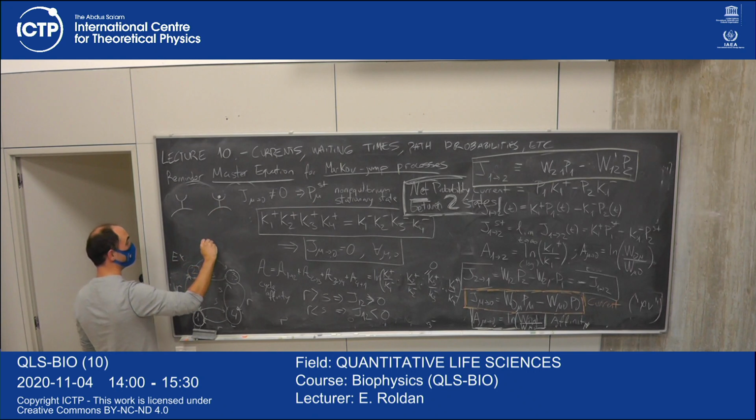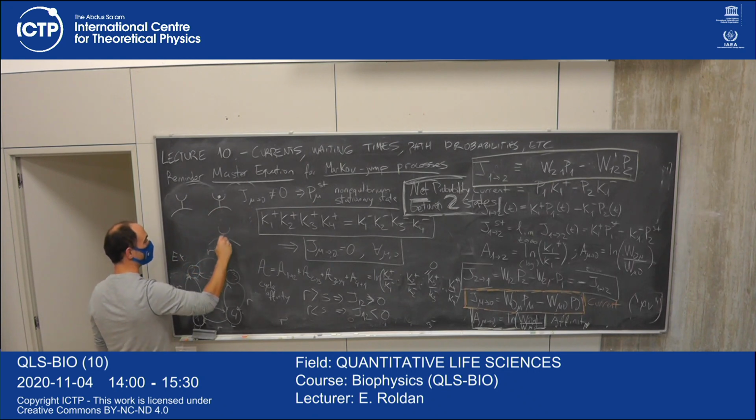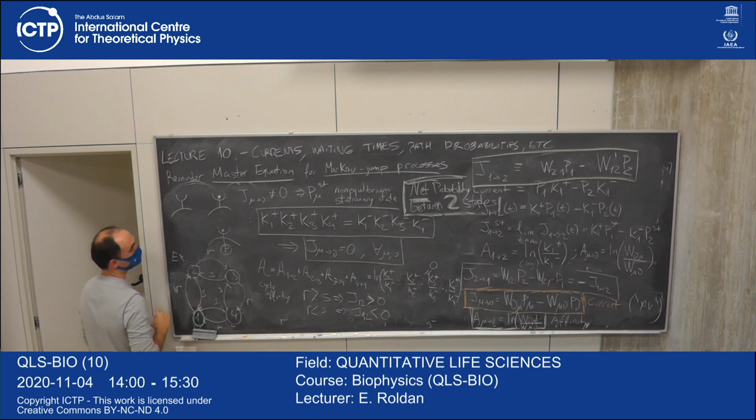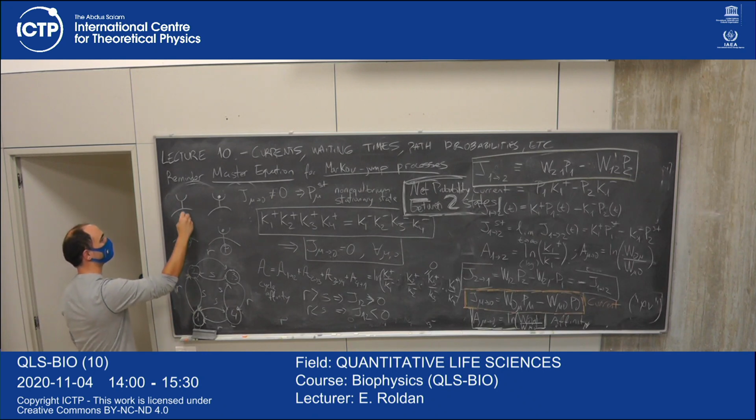So one of the terminals of the receptor gets phosphorylated. There's a P here. And then you can also have that it is phosphorylated and unbound. This would be a 4-state model with rates.